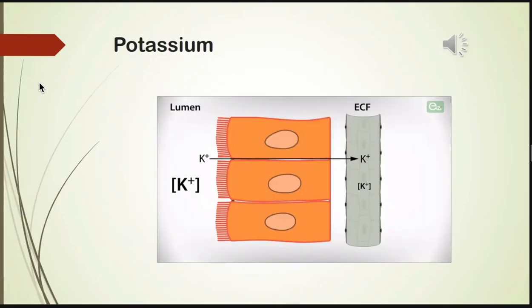In the small intestine, absorption of potassium is basically a passive process. Your potassium will just pass through the spaces in between the enterocytes so that it can be absorbed into the blood. This process is heavily dependent on the concentration gradient of potassium in the intestinal lumen and the extracellular space.